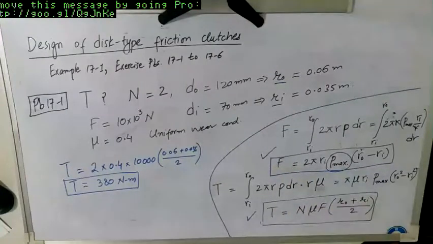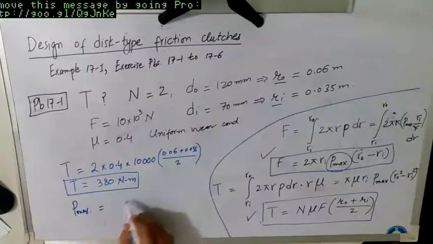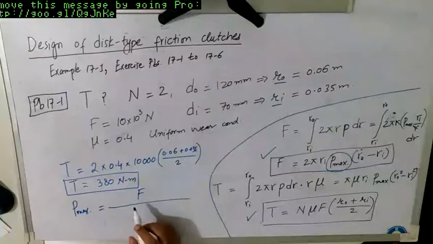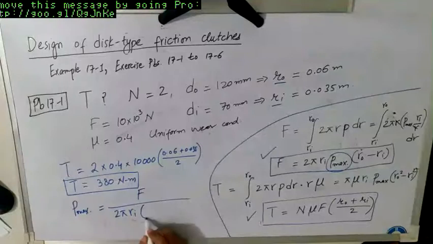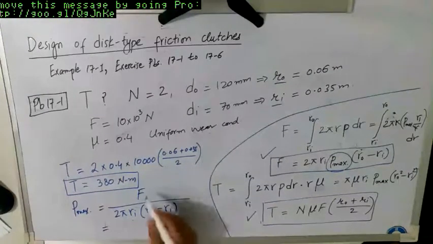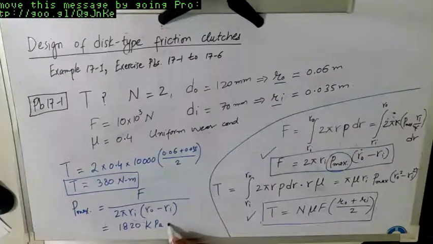So if we simply use this formula, we can find out P max, which will be equal to F divided by 2 pi Ri and then R naught minus Ri. If you put in the values of all these factors, you are going to get about 1820 kilopascal of pressure.